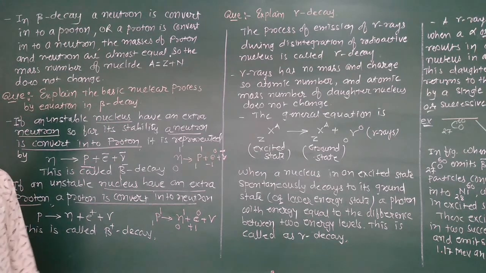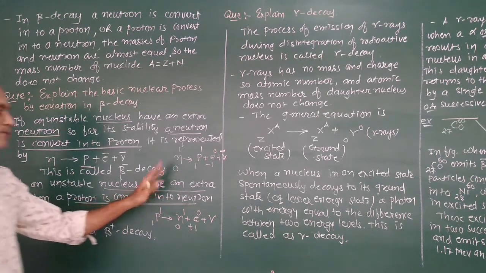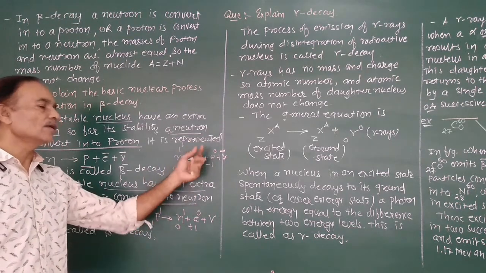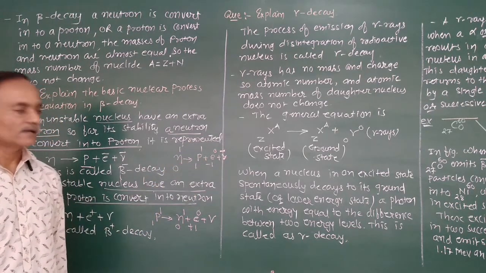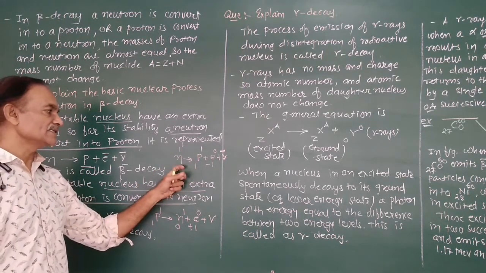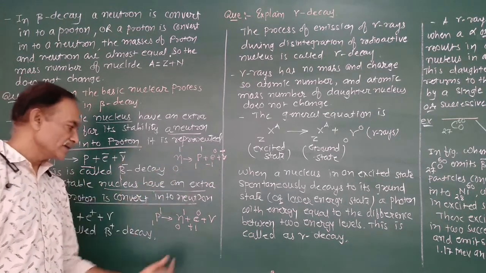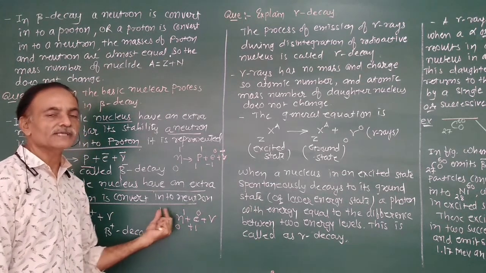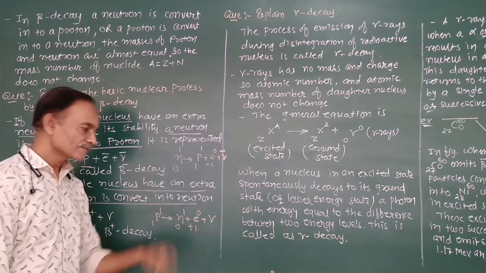Keep in mind that in any nuclear reaction, on both sides the numbers Z and A must be equal. Here Z is 0 and 1 minus 1 is 0. Here Z is 1 and A is also 1, on both sides.